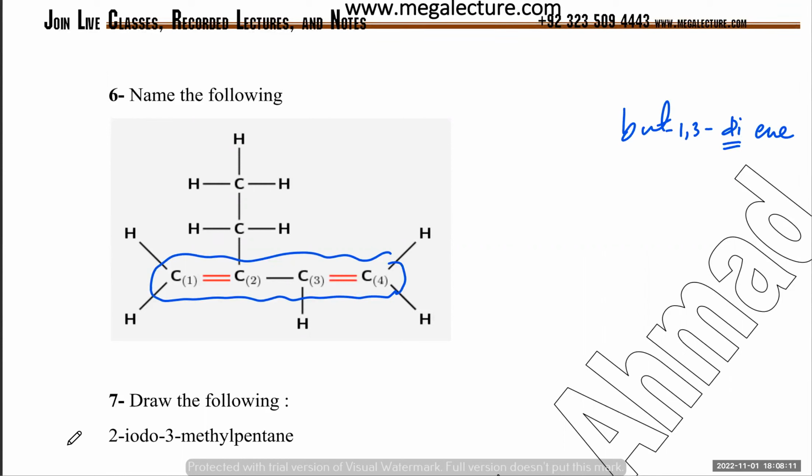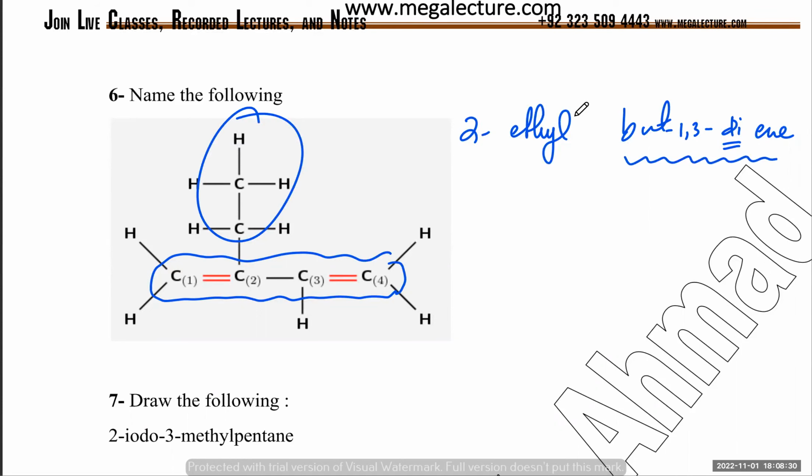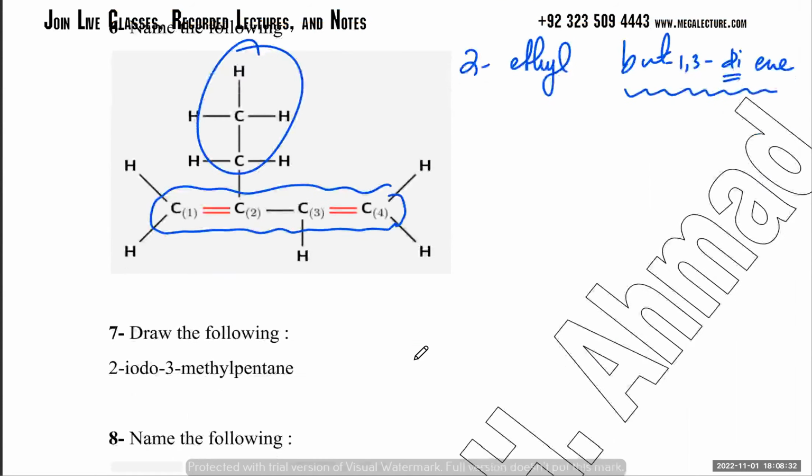So it's but-1,3-diene. And you've got this branch, which is 2 carbon atoms. So that's ethyl, which is at position number 2. So this is your main chain, and that over there is your branch.